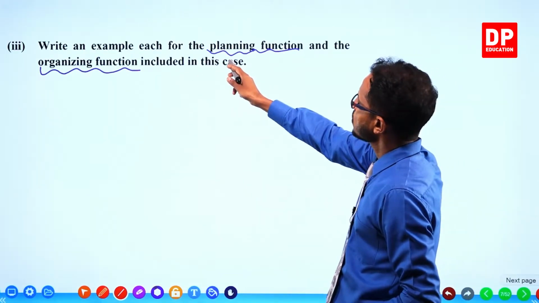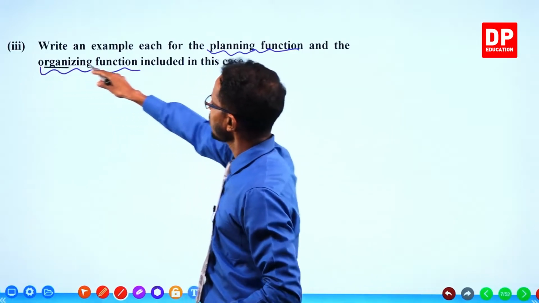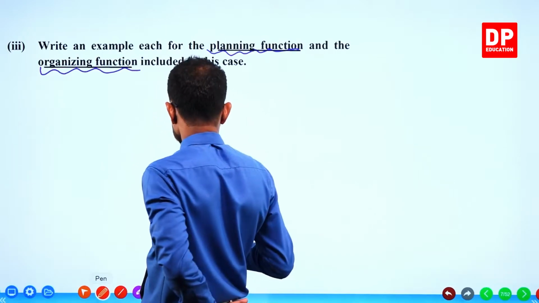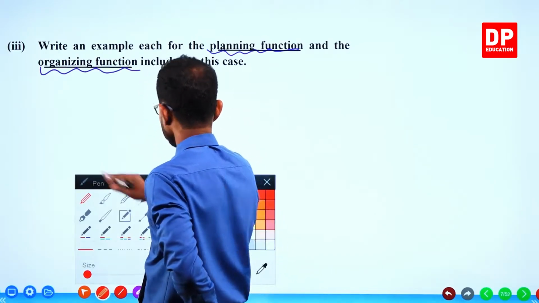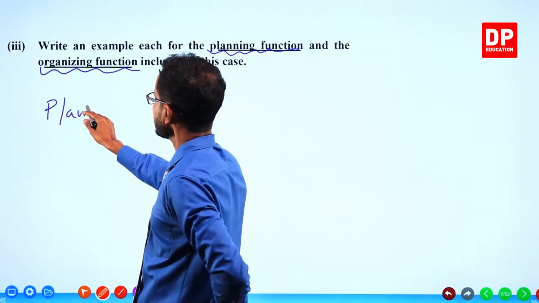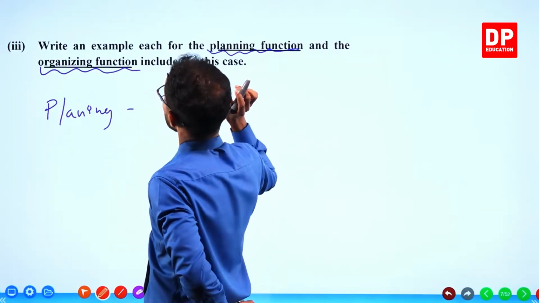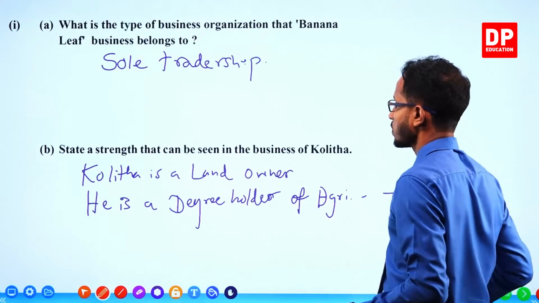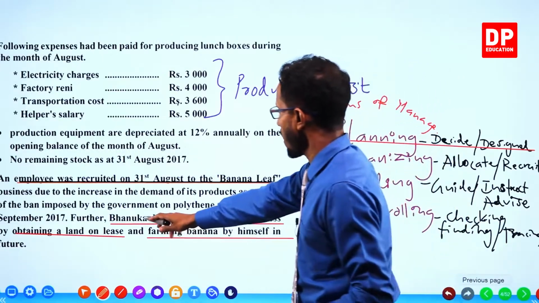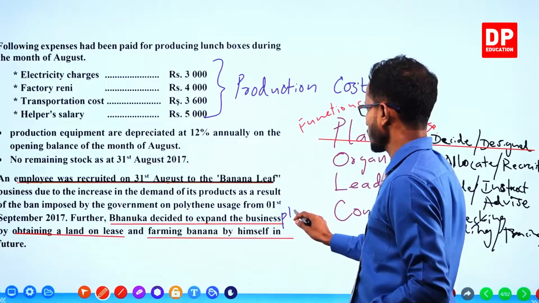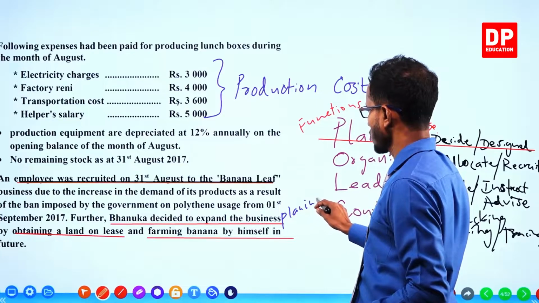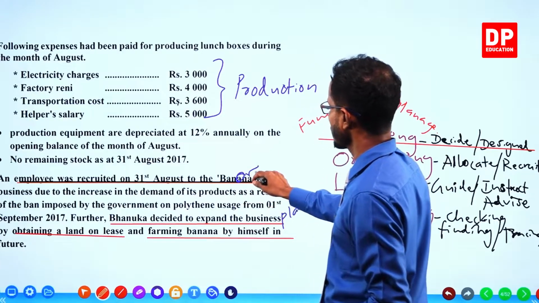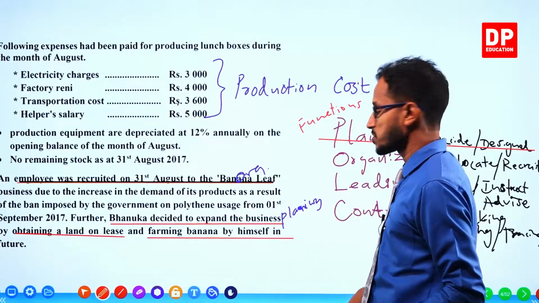Write an example each for planning and organizing. So we'll write. Planning. What did we mark? We marked this one. Planning: decided to expand the business. This is planning. This is organizing: recruiting employees.